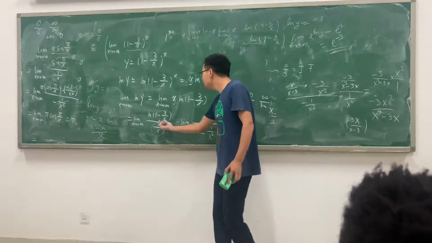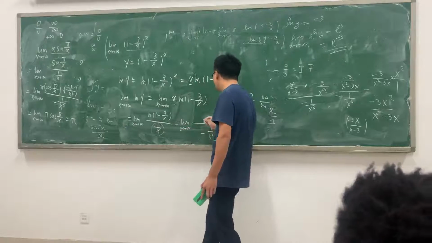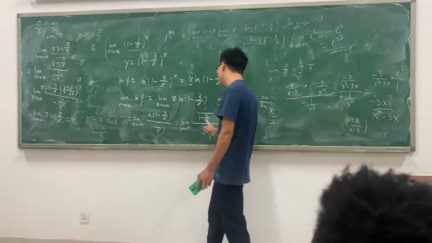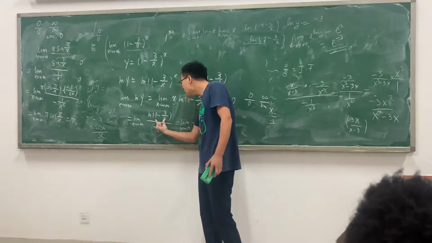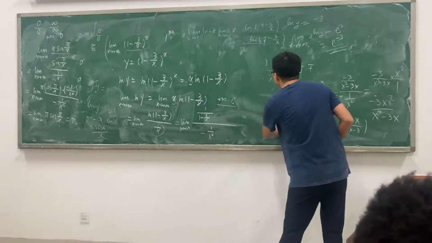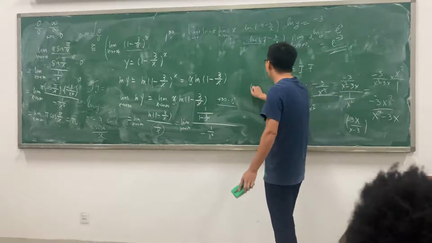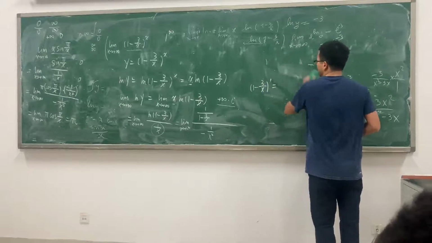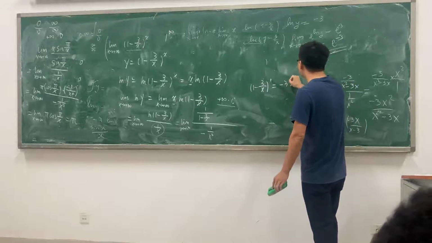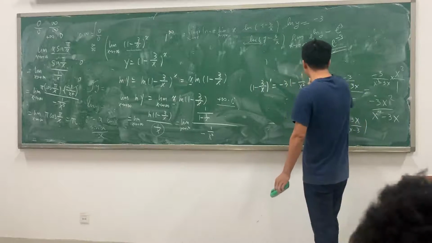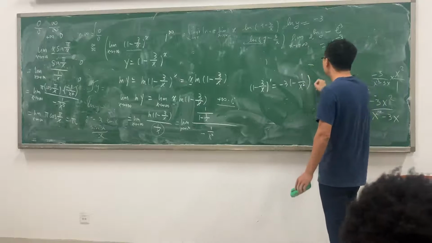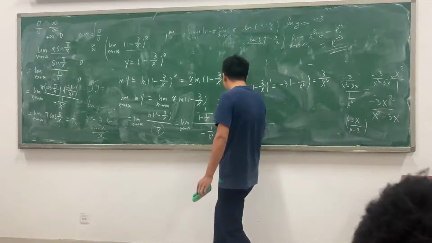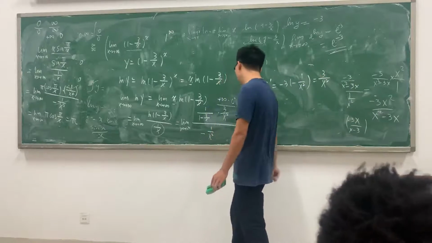And the derivative of the numerator is 1 by 1 minus 3 by x times the derivative of 1 minus 3 by x, which equals 3 by x squared. So here times 3 by x squared.